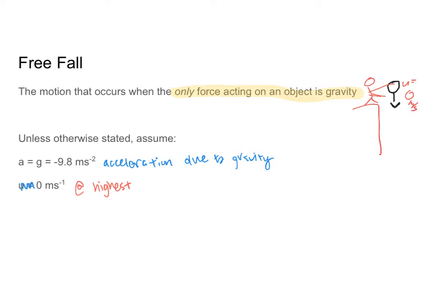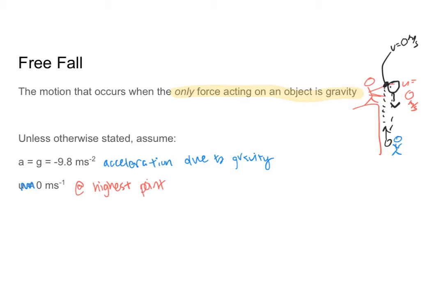But if you are standing at the bottom of a cliff and you throw something up to me, it's not going to have an initial velocity of 0 meters per second, but when it reaches its highest point, here, it will have a velocity of 0 meters per second. So that's going to be kind of our big difference here.